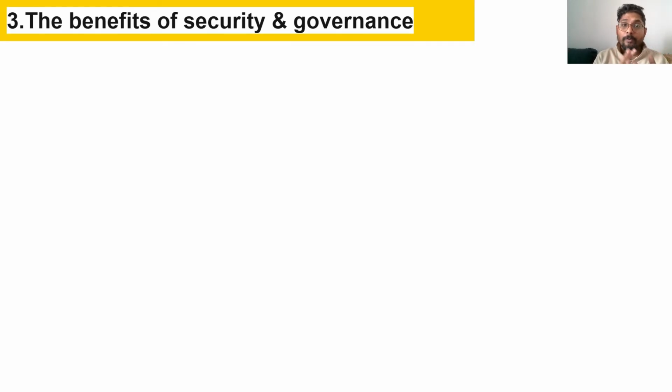Let's say I don't like to go with Windows OS. I would like to go with Linux because it's more secure, for example. Governance is all about auditing and monitoring, whether you are meeting government compliance or not, regulatory compliances, like your data should not move from your country to some other country. Let's say that's a regulation. So all such demands can be met.